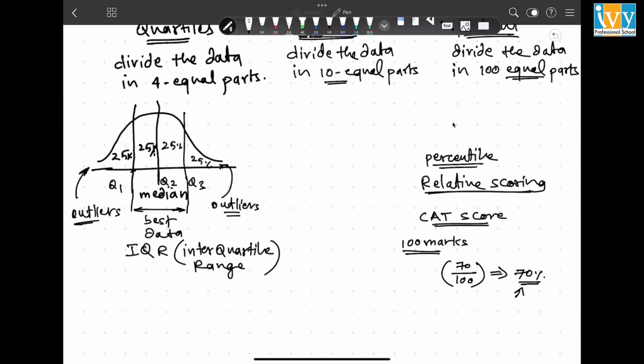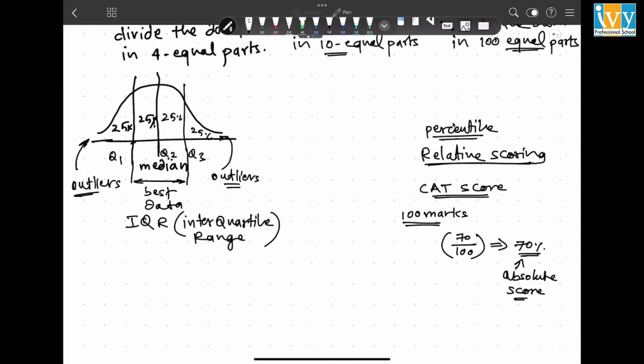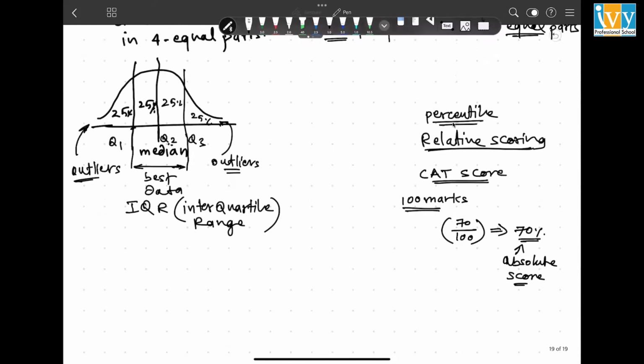Percentage is an absolute score. But if I say percentile, then I am also taking into account how other people have performed.